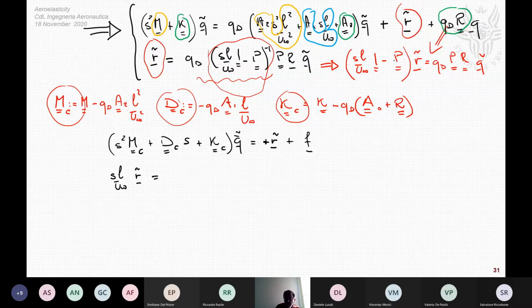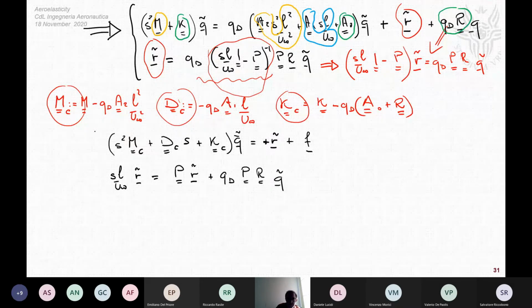And on the right hand side, I can write the other part, which is P R tilde plus Q D P R Q tilde.